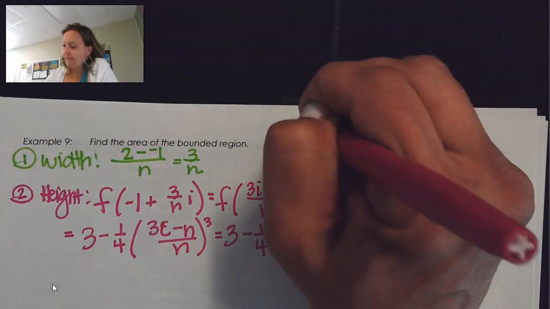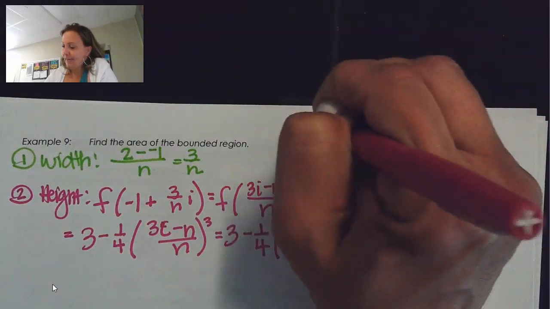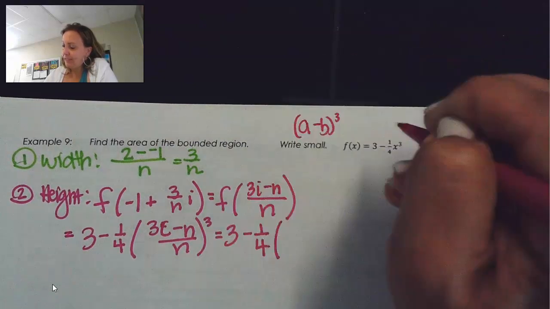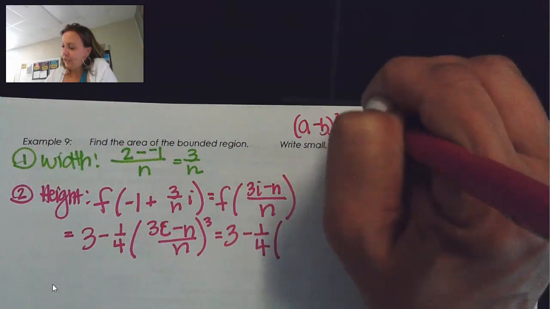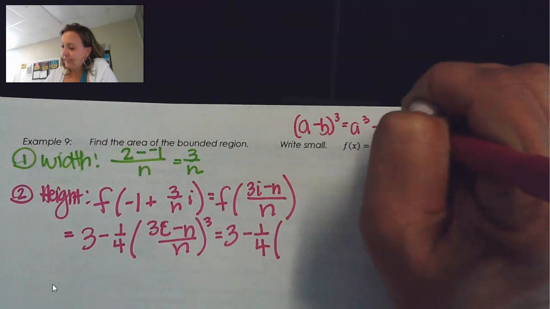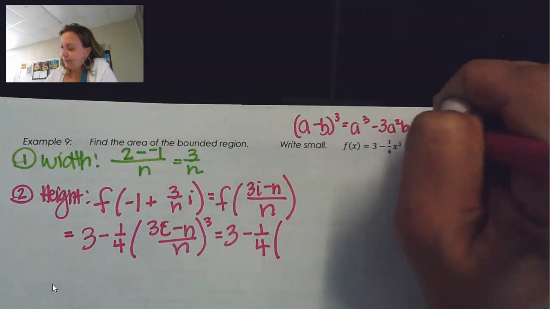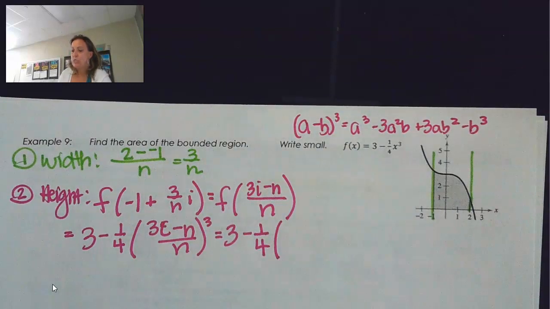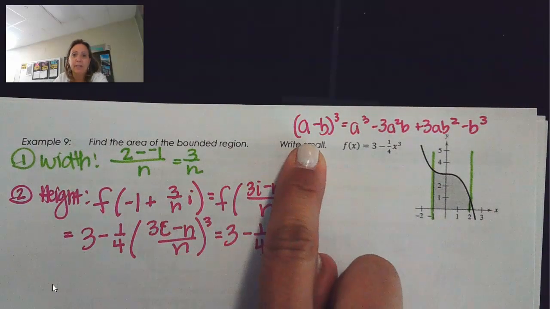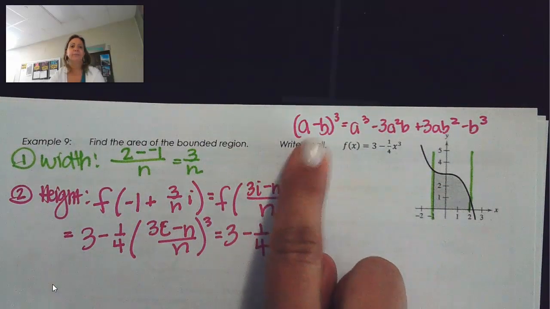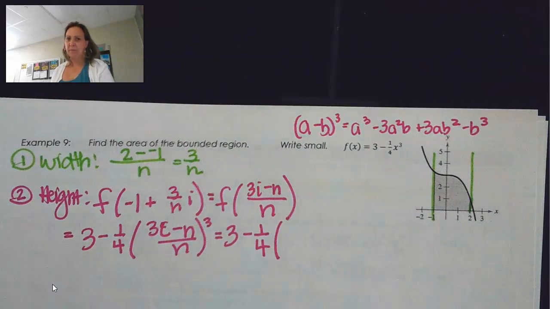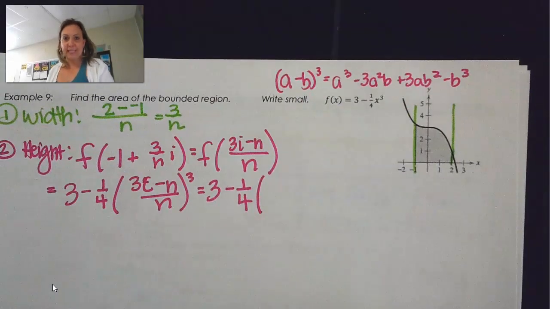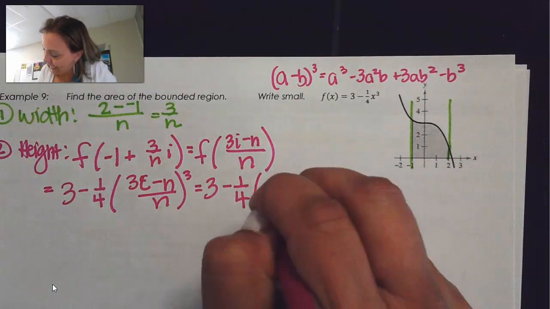That if you have a minus b cubed, that's going to be a cubed minus 3a squared b plus 3ab squared minus b cubed. And then if it's a plus b quantity cubed, then they're all addition. It's a good one to remember. So let's use that.